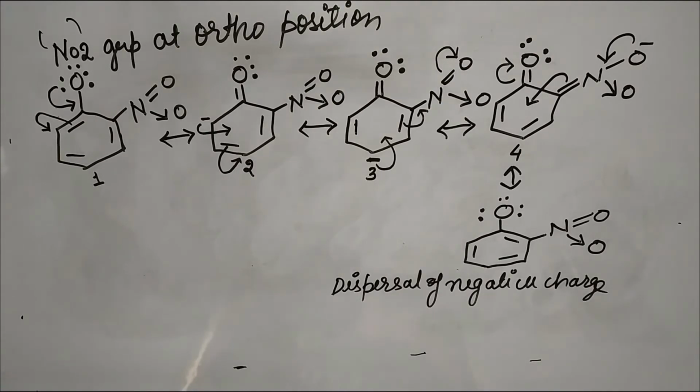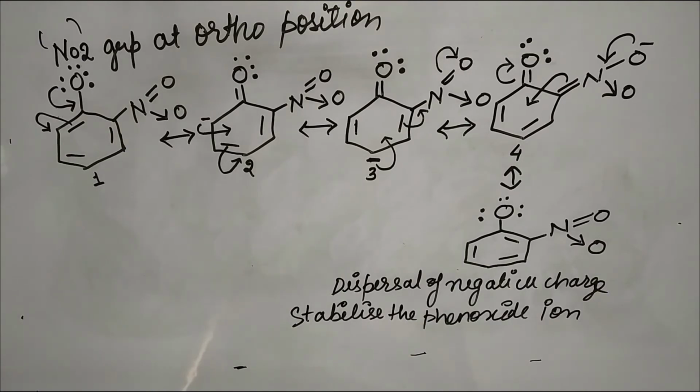So due to resonance and dispersal of negative charge, the stability of phenoxide ion will increase. So we can say that if the nitro group is present at ortho position, it increases the acidic character because it stabilizes the phenoxide ion.